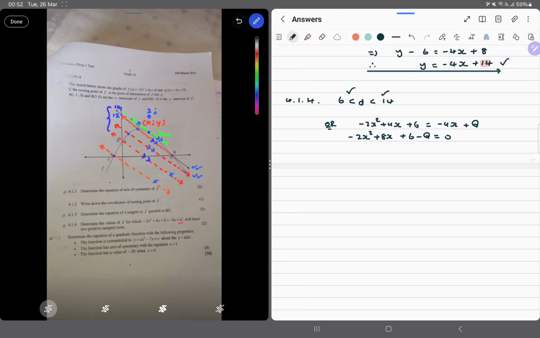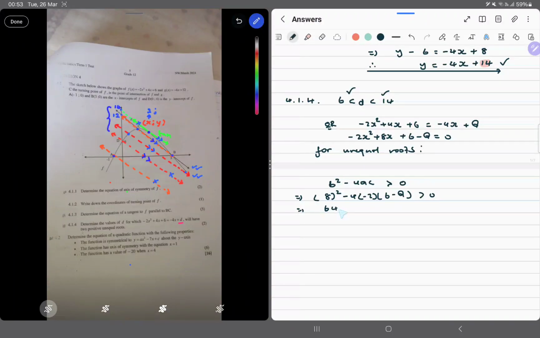Now, to handle this business, we know that for 2 unequal roots, b squared minus 4ac must be greater than 0, which will imply that 8 squared minus 4 into 2 into (6 minus d) must be greater than 0.